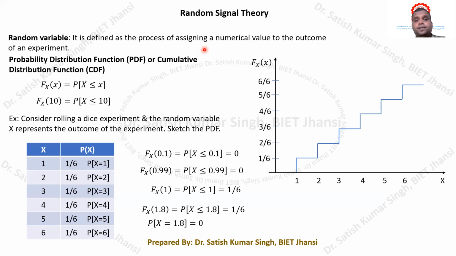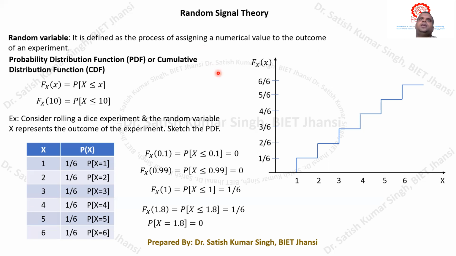For example, there is a half probability that a head will come when we toss a coin, and similarly a half probability that a tail will come onto the face. That is the outcome of this experiment.